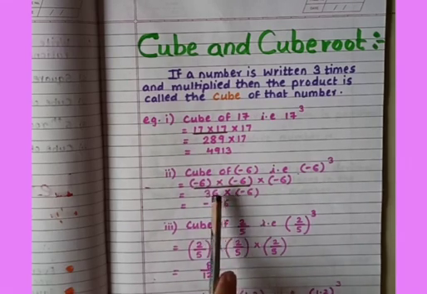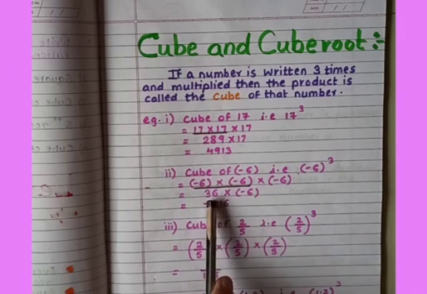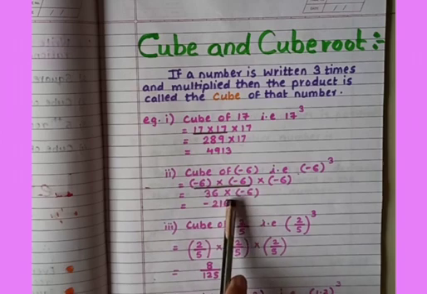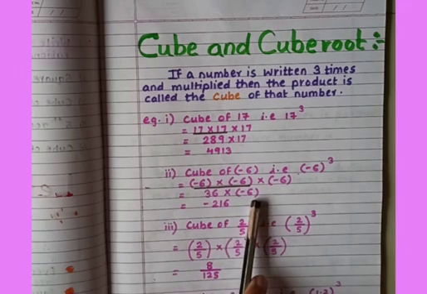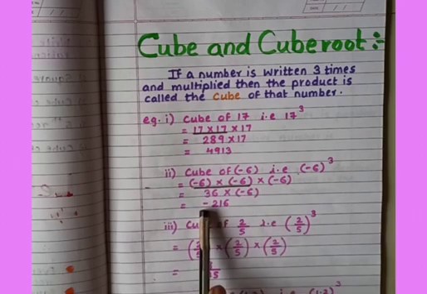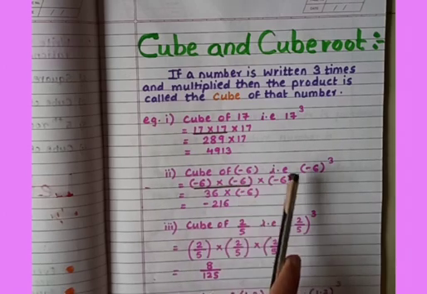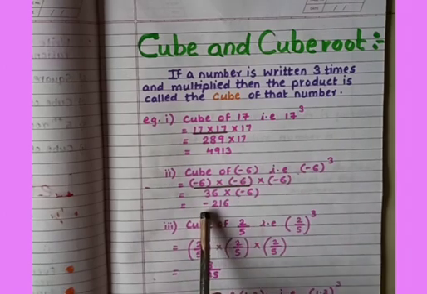Hence 6 sixes are 36 and minus minus becomes plus. So here we got 36 multiplied by minus 6. Now 36 sixes are 216 and this minus sign remains as it is. Also keep in mind, the cube of a negative number is always negative.